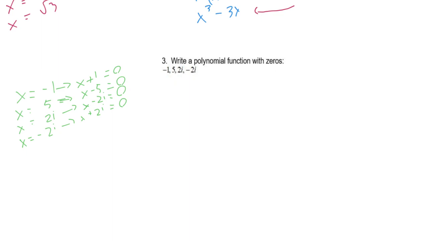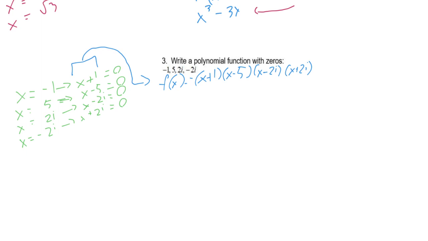We then take these middle portions, x plus or minus a thing, and put them into our equation, such that f of x is equal to x plus 1 times x minus 5 times x minus 2i times x plus 2i.